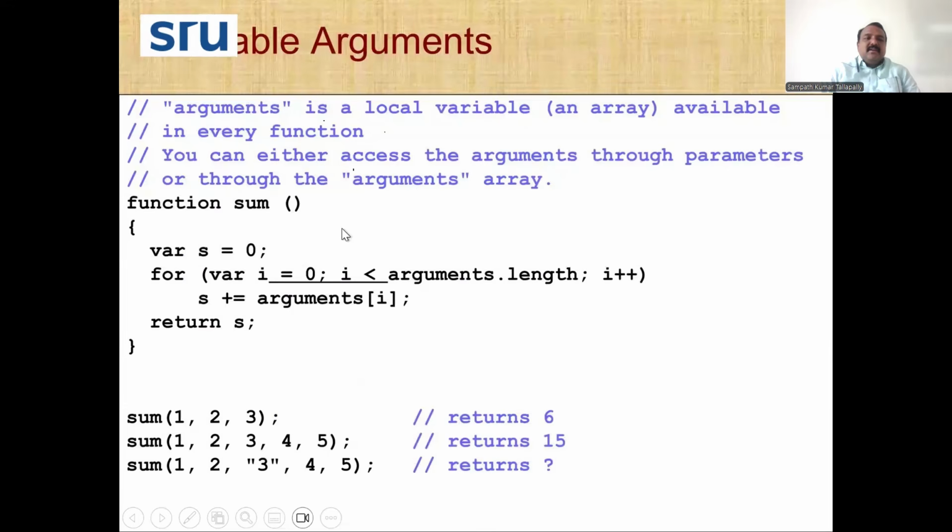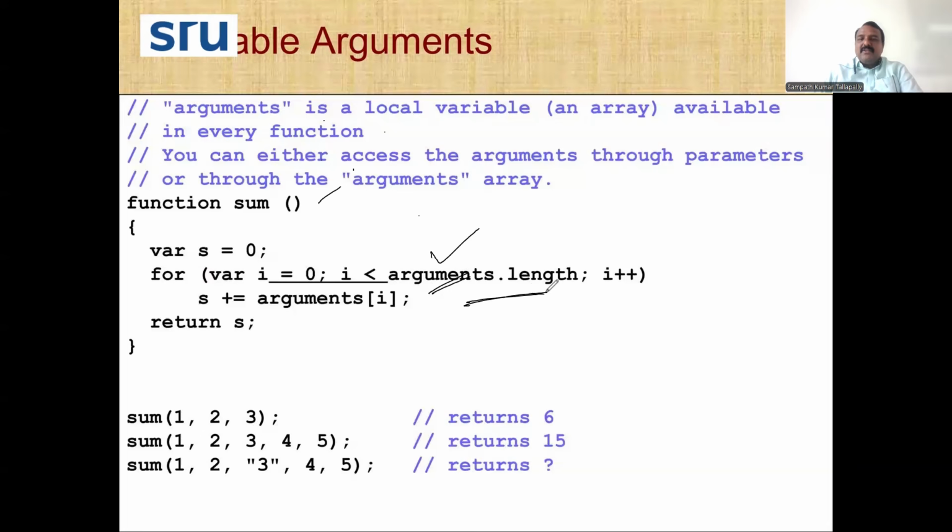Now we'll see how we send these things in. It's a very interesting example. I'm calling a function sum, and arguments dot length. We do not have any variable called arguments, and though we do not declare any such variable, the computer automatically declares a variable arguments, and 1 2 3, or 1 2 3 4 5, is sent into this array.